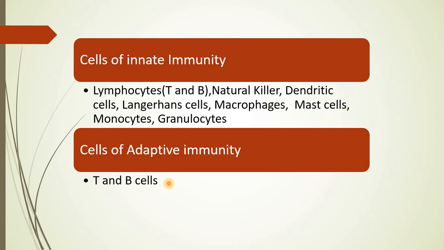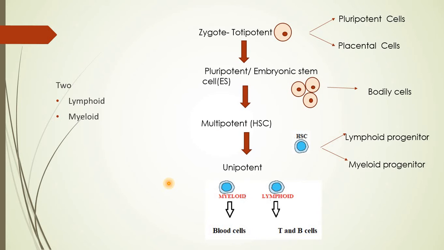But before that, we need to know the course of development of these cells. These cells are developed in the bone marrow, and the process by which the cells are developed in bone marrow is called hematopoiesis. The hematopoiesis process involves hematopoietic stem cells, abbreviated as HSC.